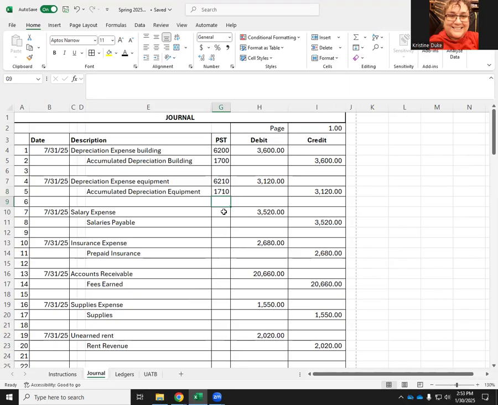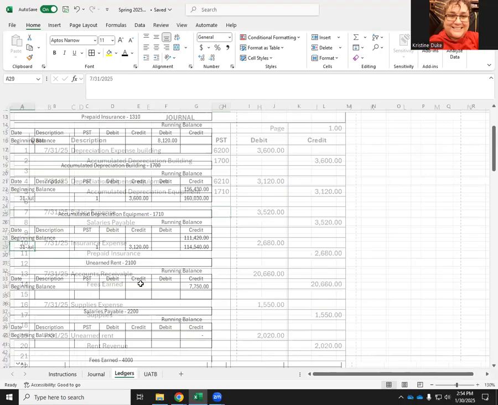Okay. Salary expense. I'm not going to keep going, do this and this and this. You guys see the methodology to doing it. So now I'm just going to complete them and somewhat talk through it. Okay, I'm going to get my salary expense done. That's 3,520.